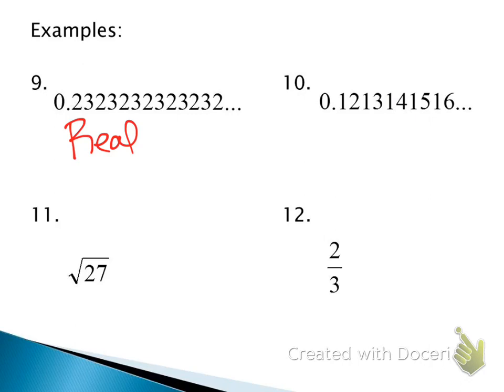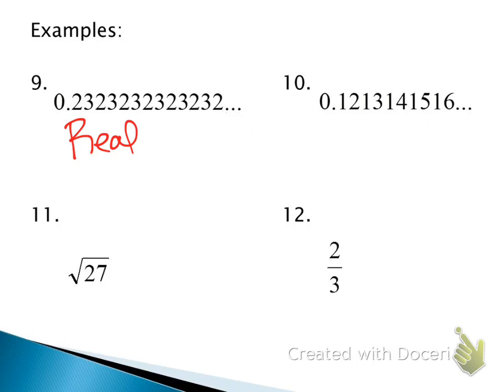If you're not sure, I would double check on the front page where we talked about rational versus irrational. Natalie, what do you think? Irrational? I know that's tempting because it never ends, but what does it do? It doesn't stop, but it repeats.